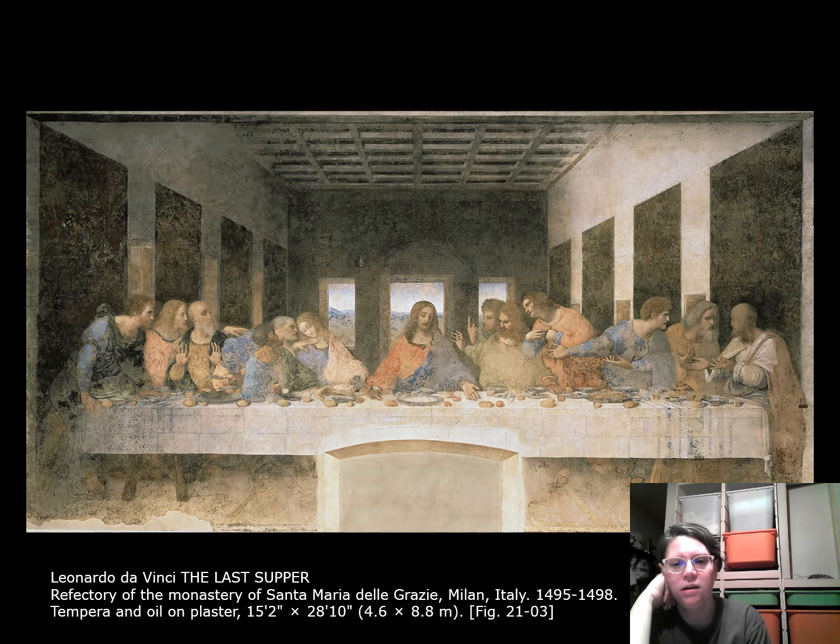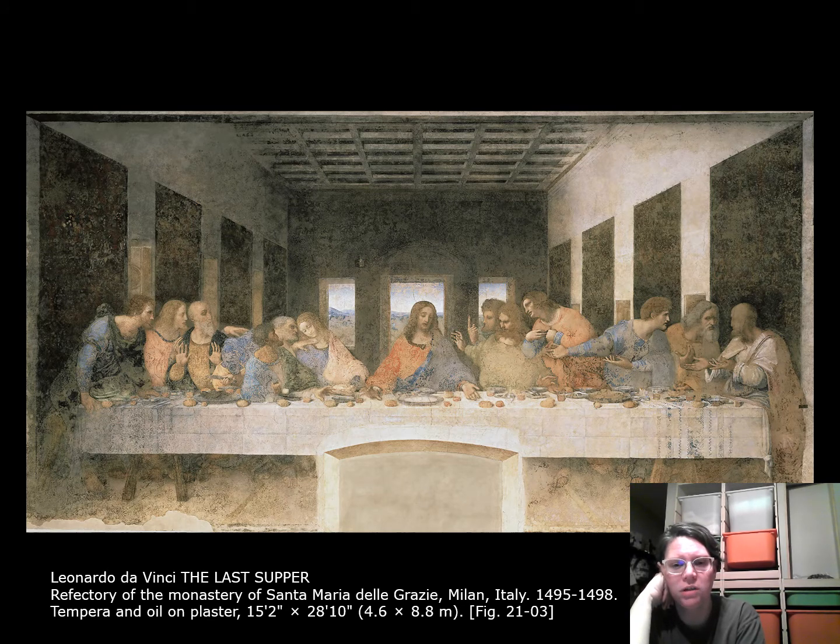You can see that he groups all of the people in sets of threes. That is part of that idealism that he uses in terms of the Holy Trinity and the humanist concept of divine beings being here on earth.